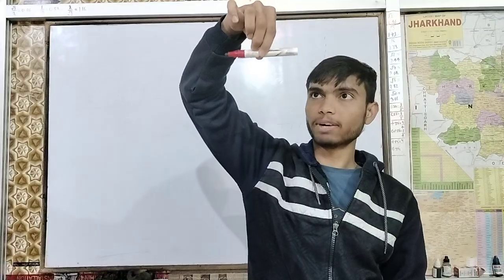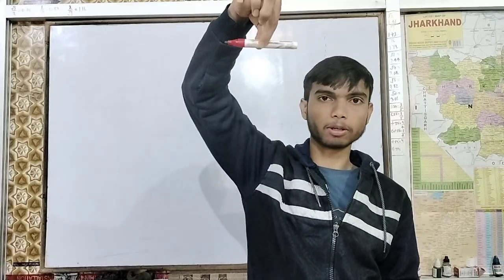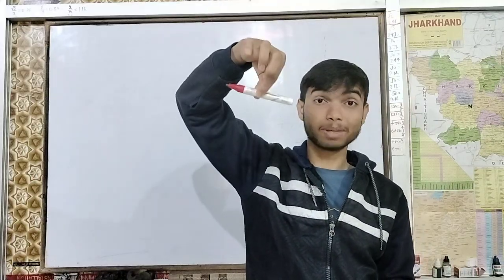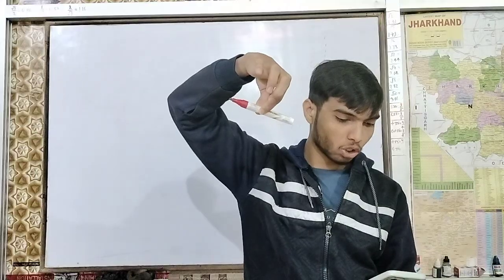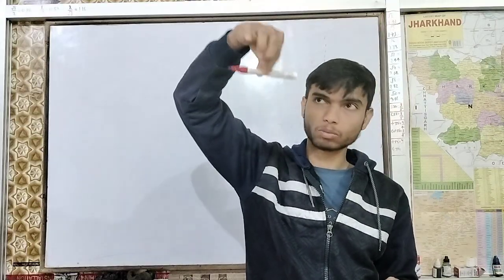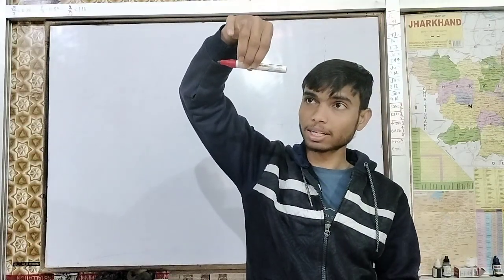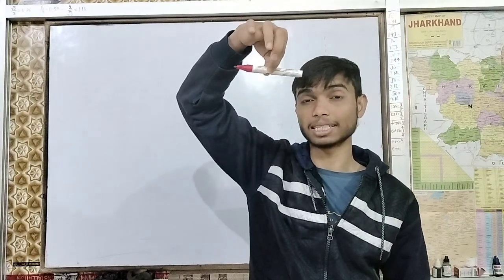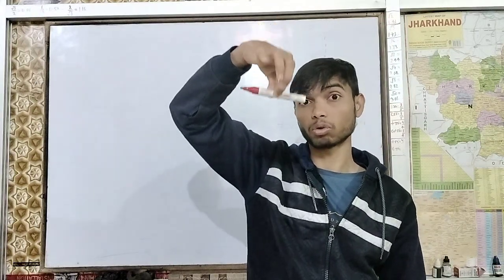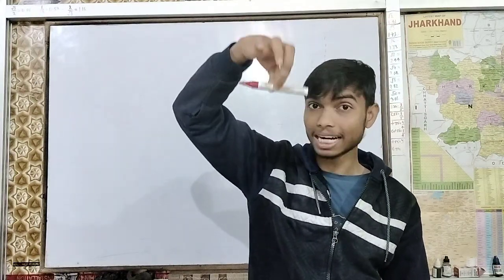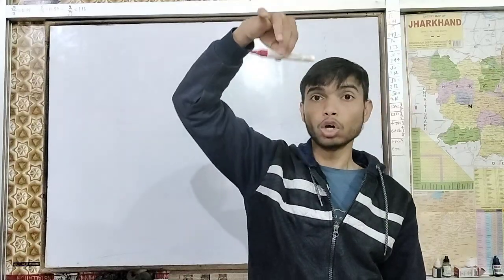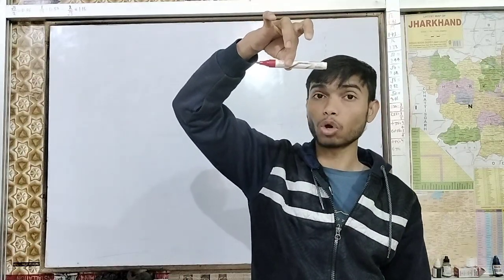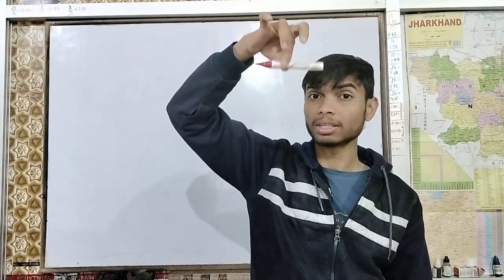Now, when I drop this marker from here, what will happen? It will come in motion under gravity. So under the motion of gravity, it will cover some height, and for now we can consider this height as the displacement. So of course it is going to cover a displacement.